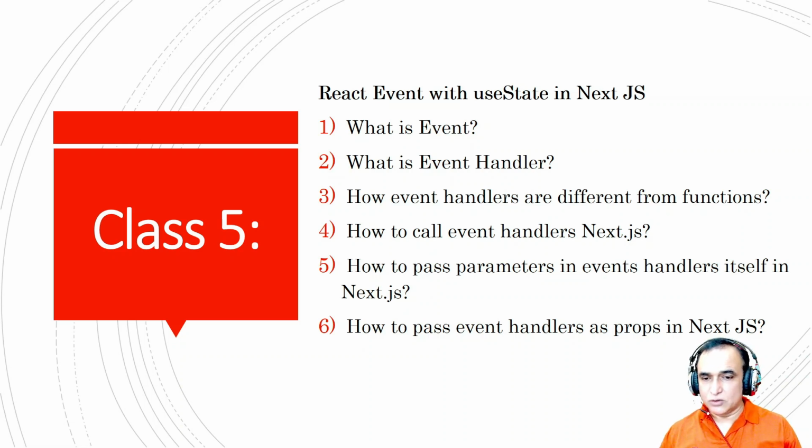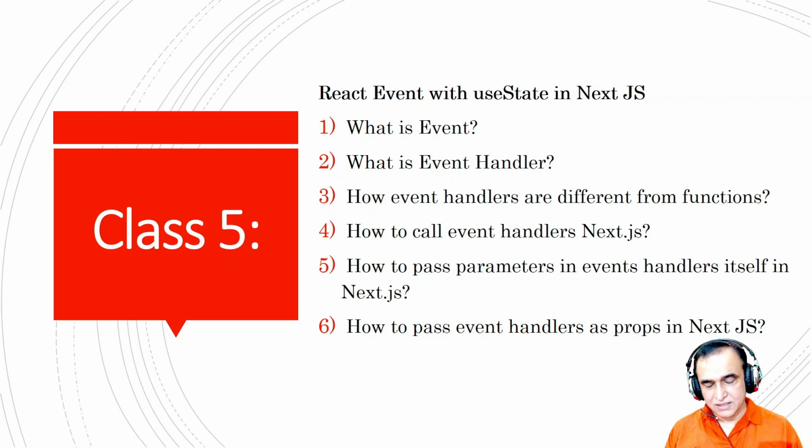Remember that the code is executed by the event handler. Suppose I click on a button, so that click is an event, but this event will execute some code. You will write some code and that code will execute on the basis of that click. The code we write within a function, that function is called an event handler.